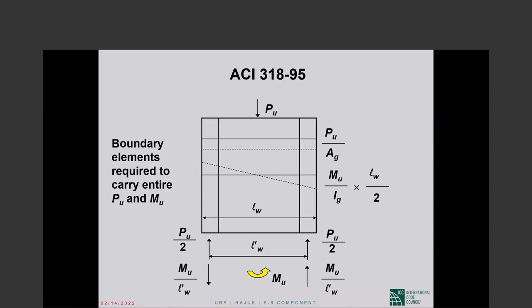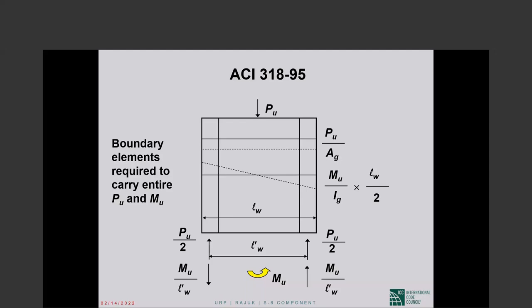The procedure was so bad that it kept the developer and the contractor on the west coast of the US, where the seismic hazard is high, from building shear walls in buildings that could really benefit from them.